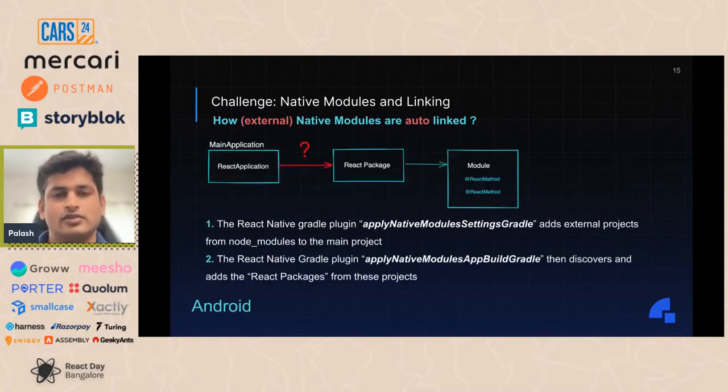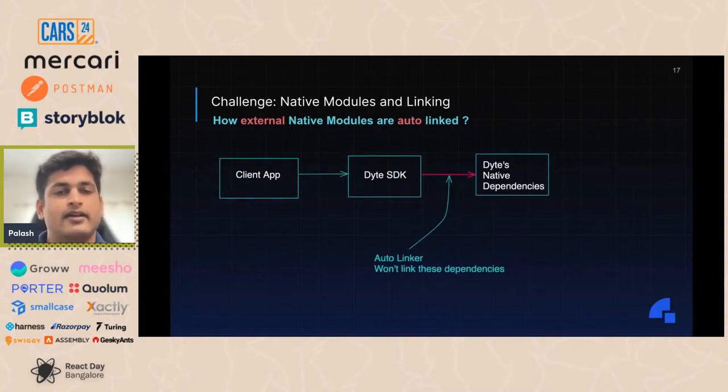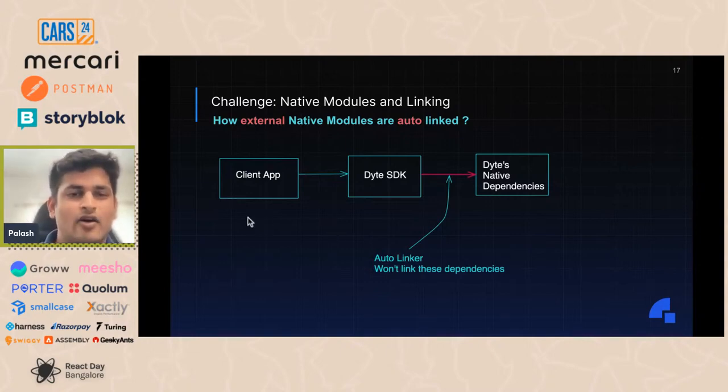The problem is that these Gradle plugins and scripts will only auto-link native code that is in your dependencies. If we have some dependencies ourselves, the auto linker won't link those. So when a client installs your SDK, the auto linker will only link the native code that exists in the Dite SDK package, but not the native code in our dependencies.